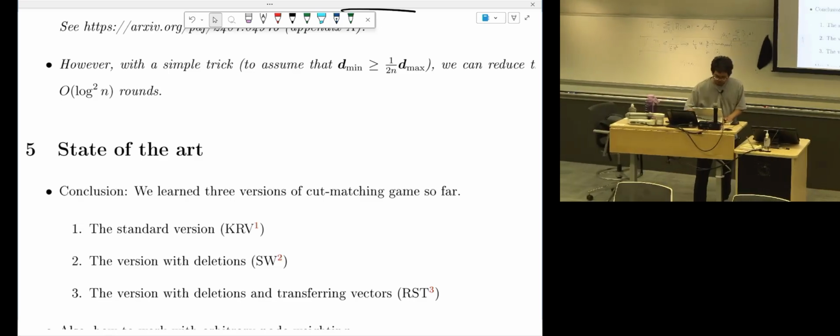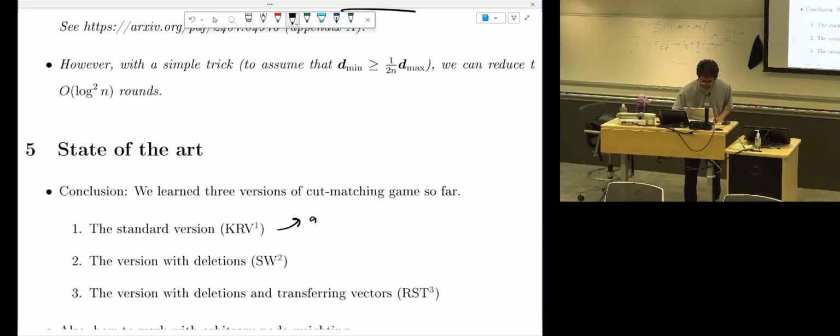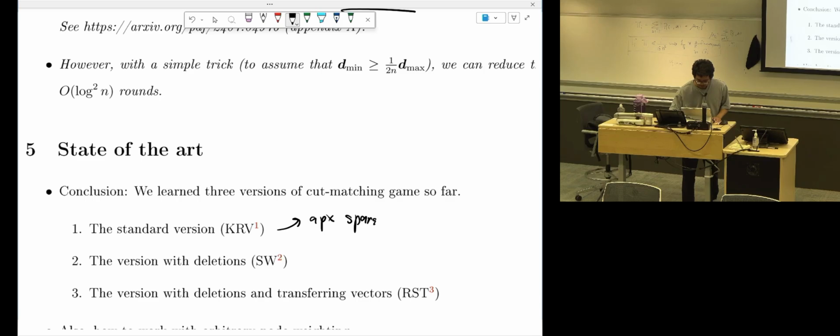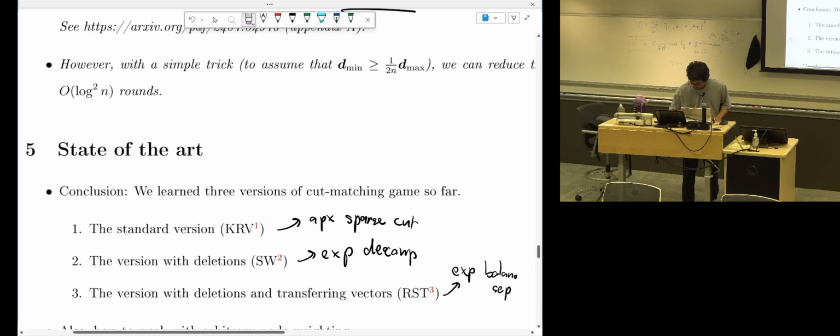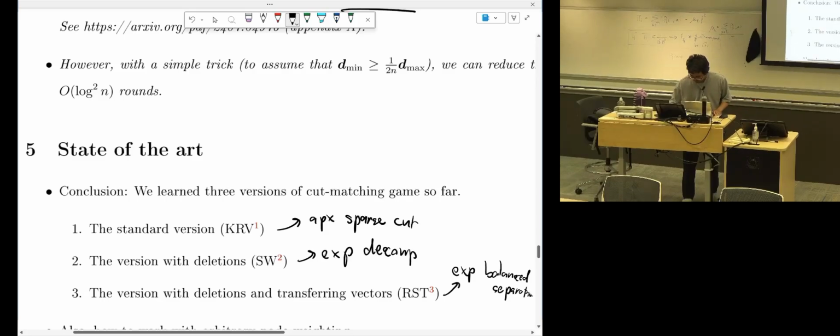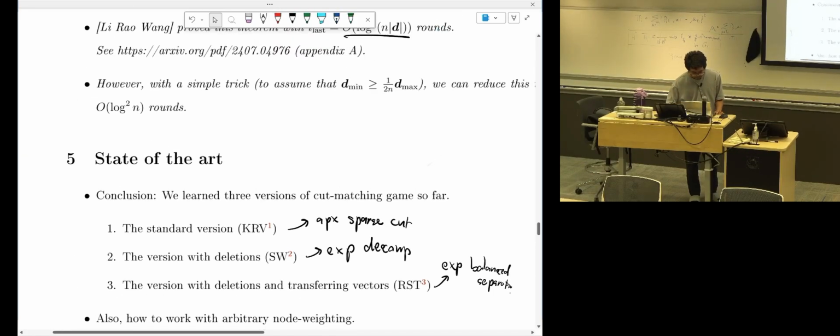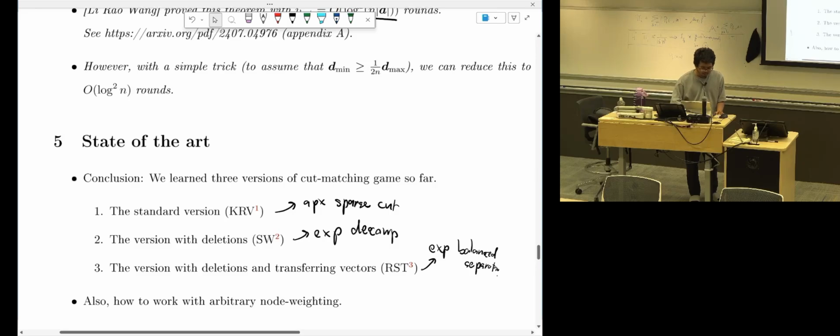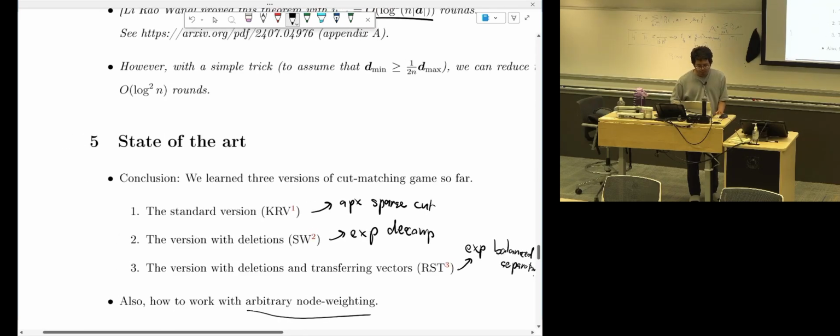This is good for approximate sparse cut, this is good for expander decomposition, and this is good for expanding balanced separator. Also, we learned how to work with a per-node weighting.